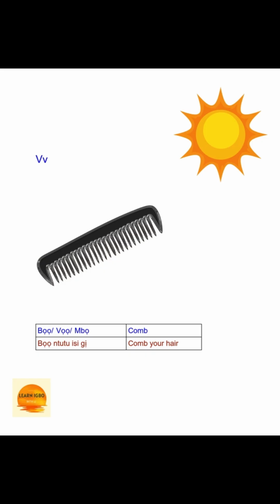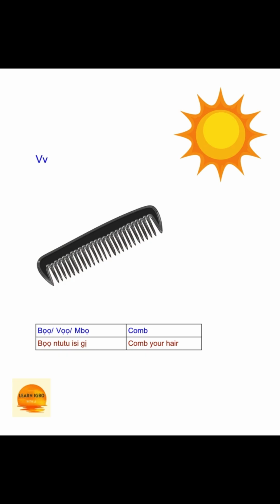So the vo, bo isigi, comb your hair. Some people say vo isigi, or somebody else will say ga bo isigi.